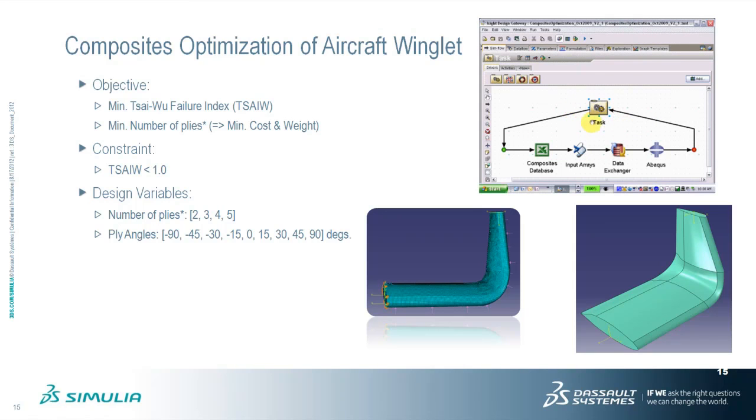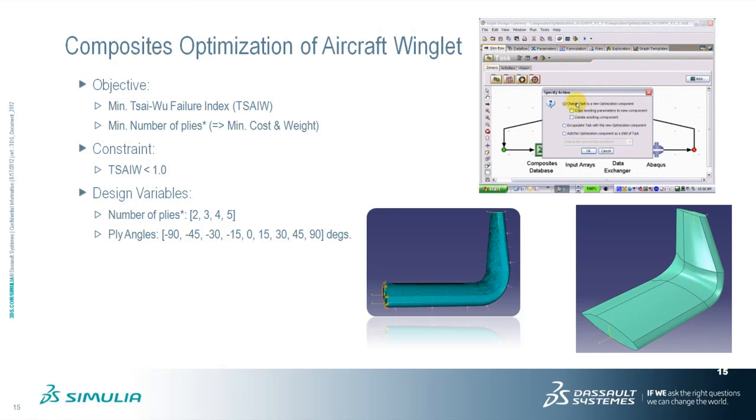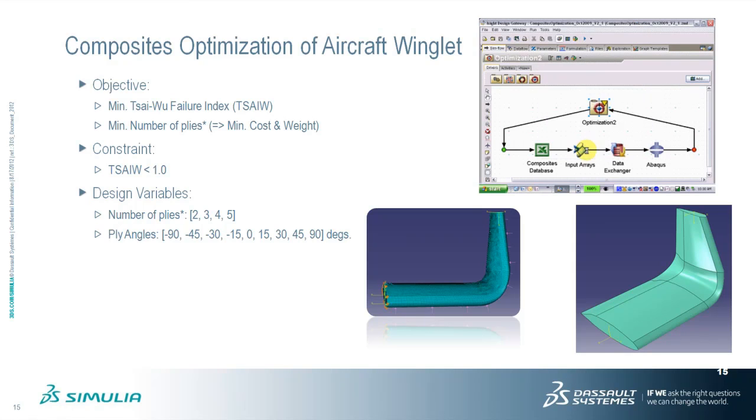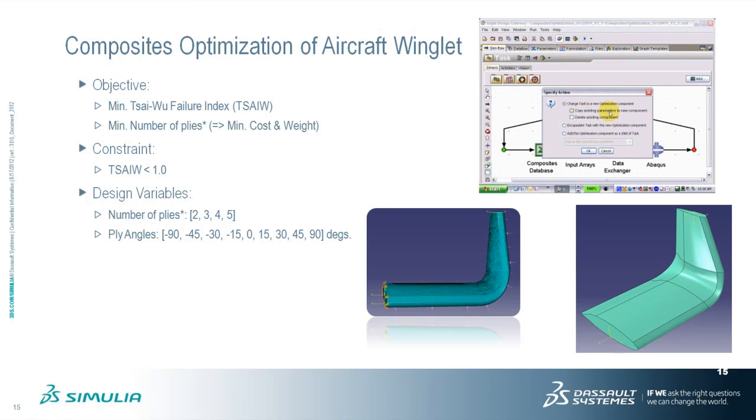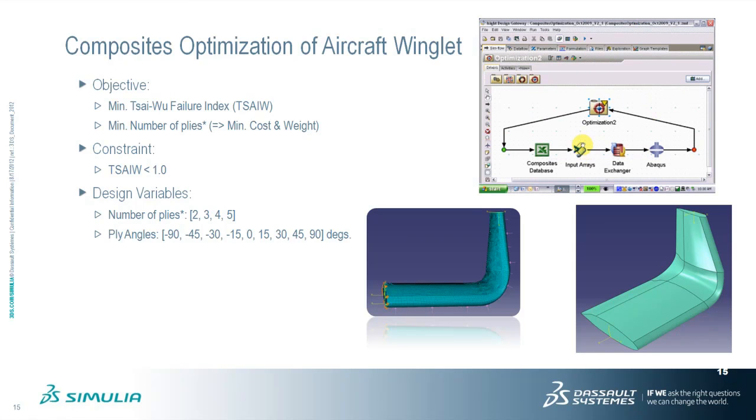So the objective of our optimization is to obviously survive the loads, and that survivability is based on a SIWO failure index. So we're going to look at ply by ply, element by element, the SIWO failure criteria, and make sure that it's surviving. The other objective is we want to minimize the number of plies. And again, the thought is that minimizing the number of plies is going to minimize our cost and minimize our weight.